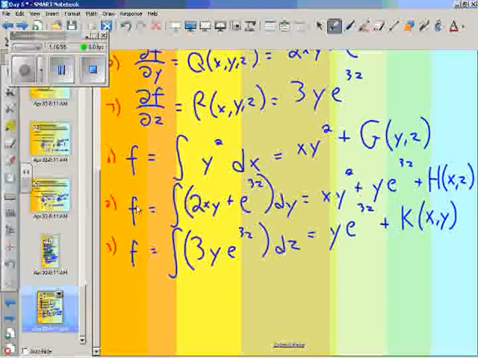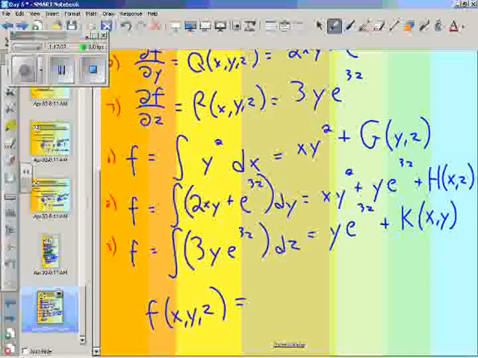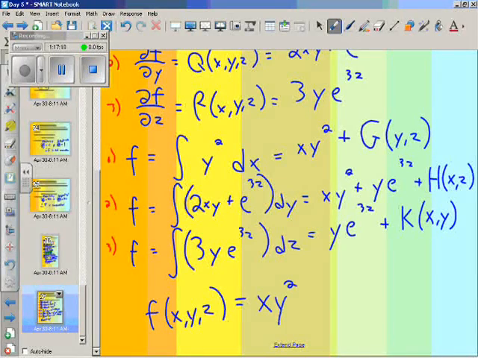Okay, so if we compare 1 and 2, we're definitely going to have x, y squared, and then we have some functions of y and z, and so it looks like maybe that's going to be y e to the 3z. And then again, we're going to have some arbitrary constant. And that's going to do it. That's going to give us our function.